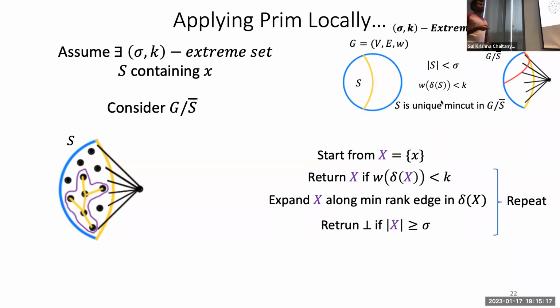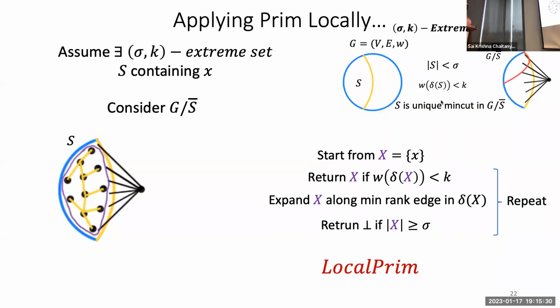So we'll just return null. We see that at every point we are expanding the set, and if at some place we find a set with cut less than k, we'll return it. So this is the local Prim algorithm. This small subroutine which we are running around a particular vertex X is the local Prim algorithm.